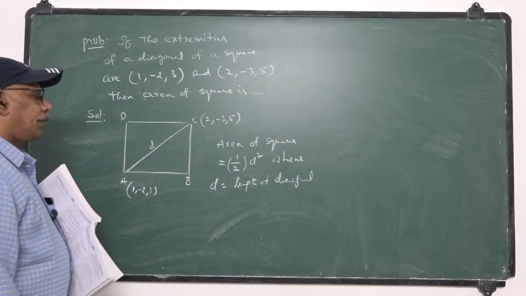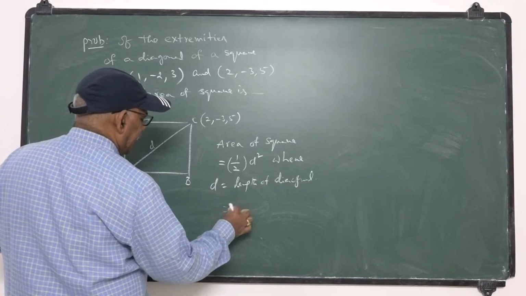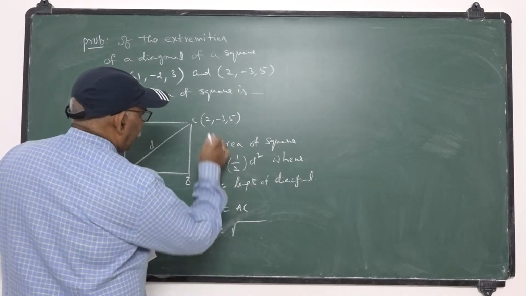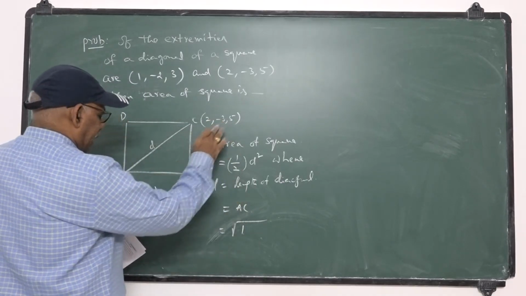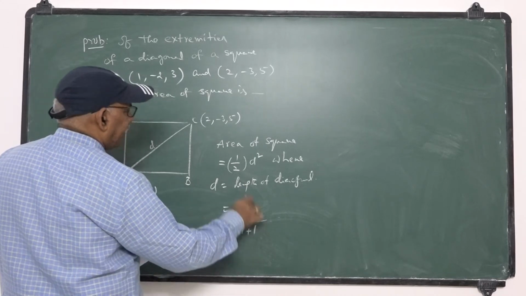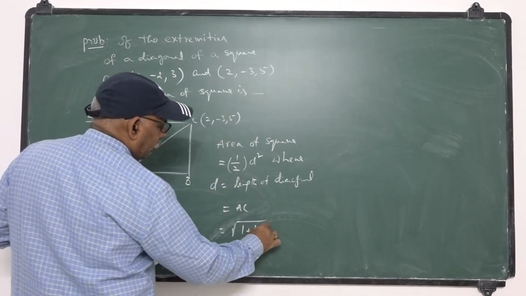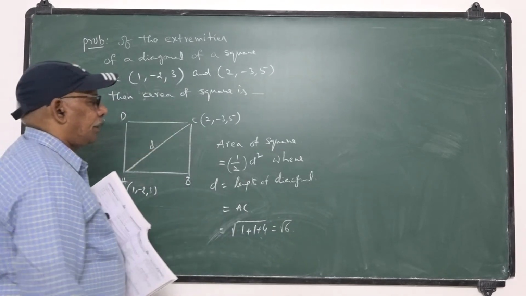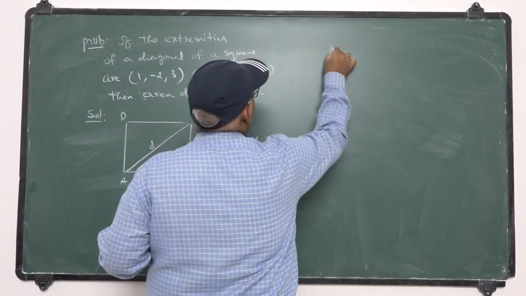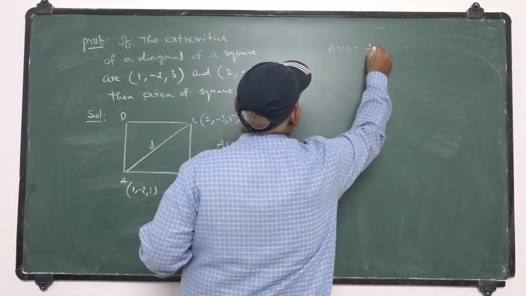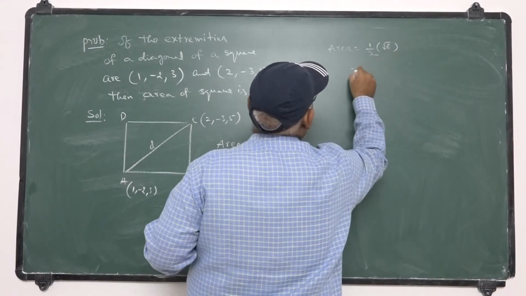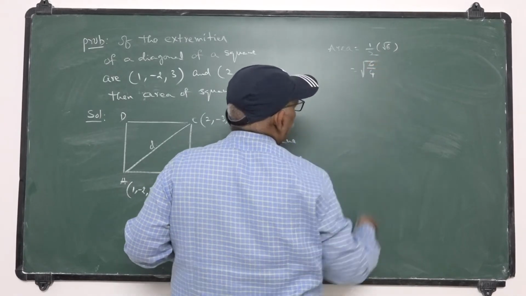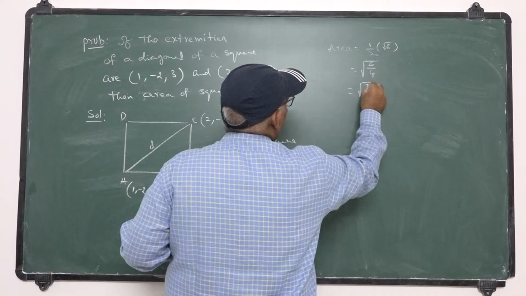The distance between A and C is the square root of (2 minus 1) whole square plus (minus 3 plus 2) whole square plus (5 minus 3) whole square, which is root 6 by the distance formula. Therefore, the required area is 6 by 2, which is 3 square units.